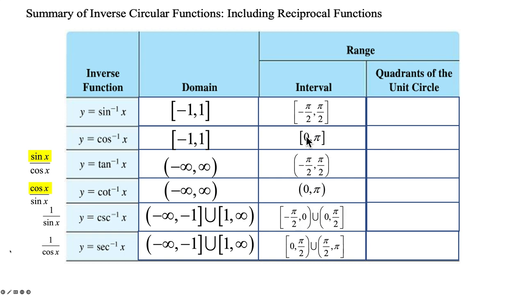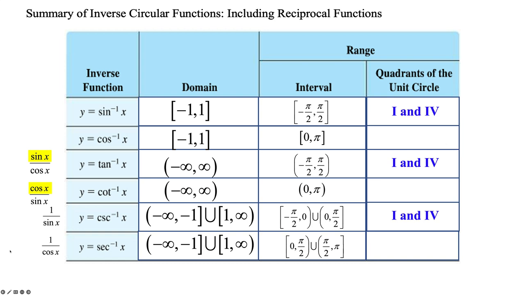And then for your cosine and inverse cotangent, which is your quotient identity, cosine in the numerator determines where we're heading, and same thing with 1 over cosine. So these quadrants that were here in our range are 1 and 4 for inverse sine, inverse tangent, inverse cosecant.